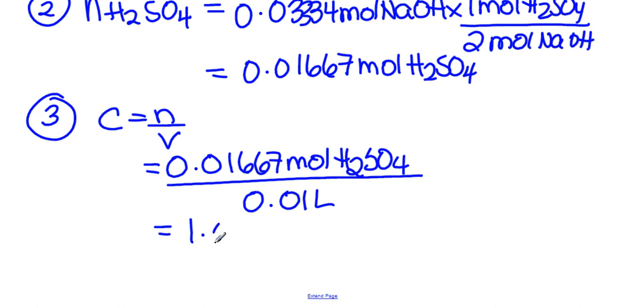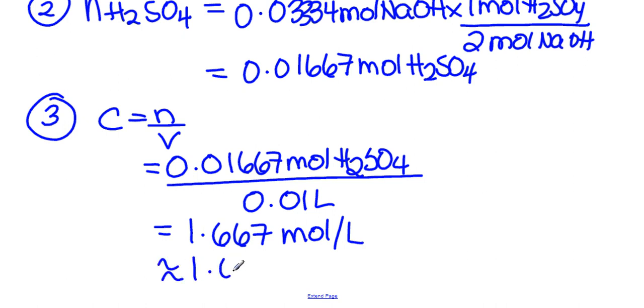And then I get 1.667 moles per liter. Then I want to make sure that I round it to the correct number of significant digits. So going back and looking at my question, I have 2.00 for my concentration. So I need to round this to 3. So 1.67 moles per liter. And that's the concentration of sulfuric acid.